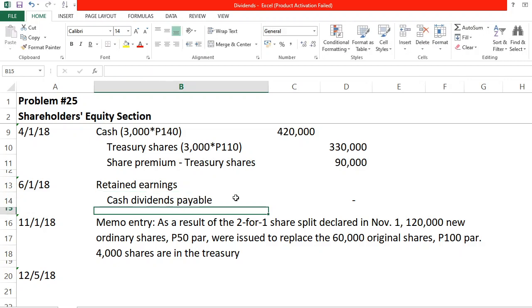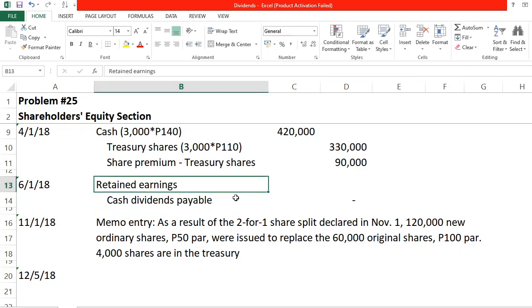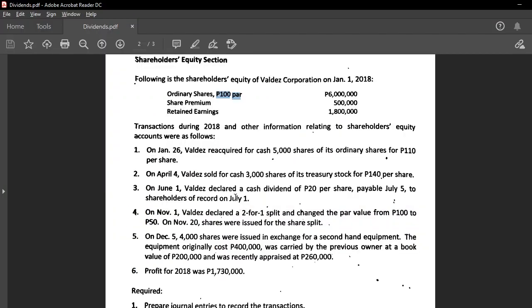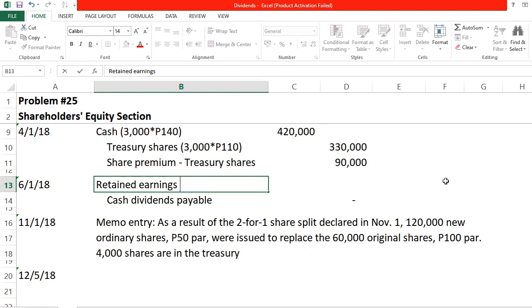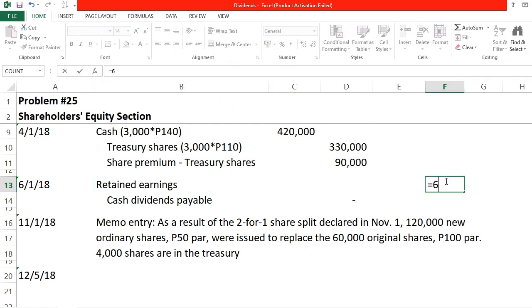And that is in the amount of how many shares the shareholders will receive. We are going to consider only the number of shares outstanding, right? So basically, we have to make sure. Here we solve 6 million divided by 100 par.